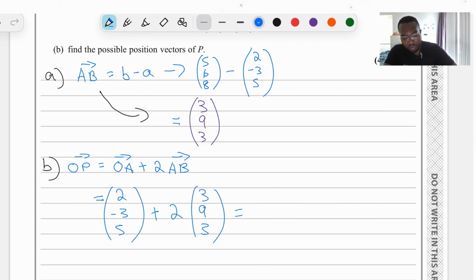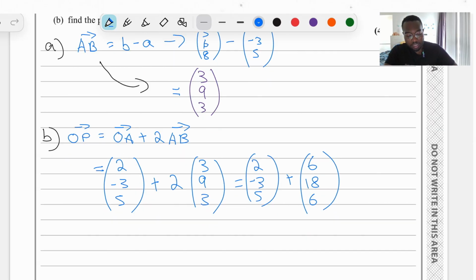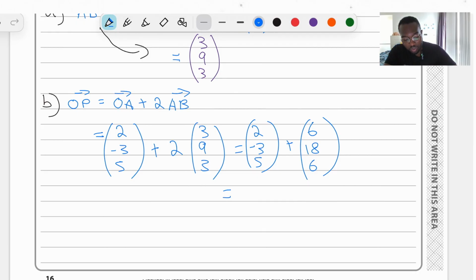If we work this out, we get (2, -3, 5) plus (6, 18, 6). 2 plus 6 is 8. Minus 3 plus 18 is 15. And 5 plus 6 is 11. So we get (8, 15, 11), okay?